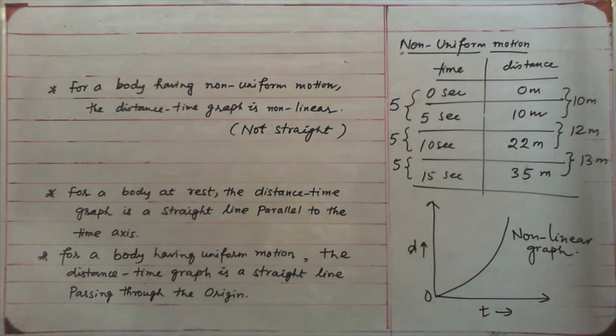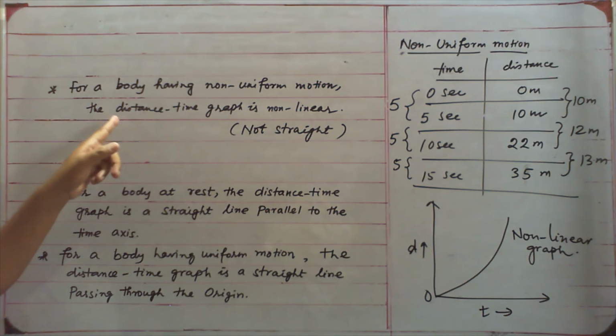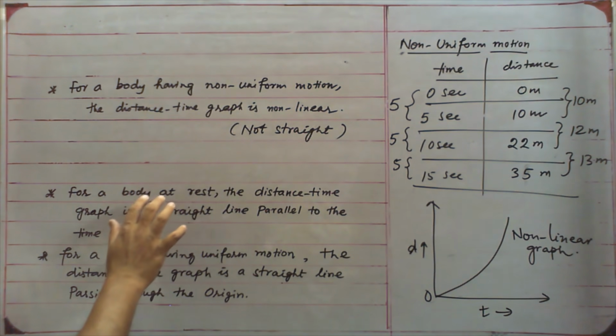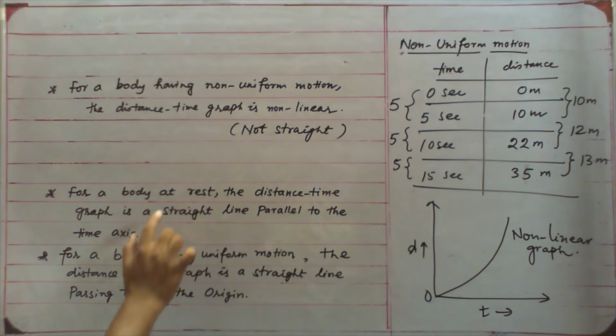Okay, so these are the three different types of graphs, the three cases for the distance time graph. The first one was body at rest, the second one is body having uniform motion, the third one is body having non-uniform motion. Here the body is at rest, so there is no problem at all.